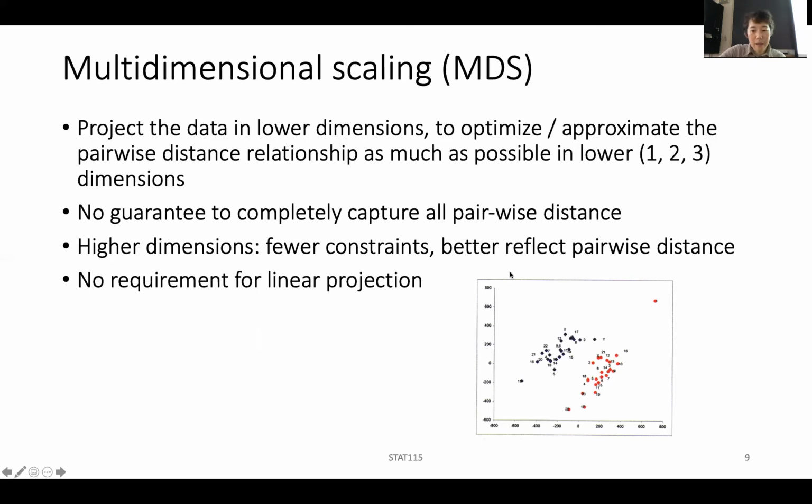And so in this case, it's trying to capture things in 2 dimensions. Supposedly each dot in here is a sample, and the red dots belong to, say, the disease class, and the blue dots belong to the normal class. And then if you have a new sample coming in, you calculate the pairwise distance of this sample with all the other samples.